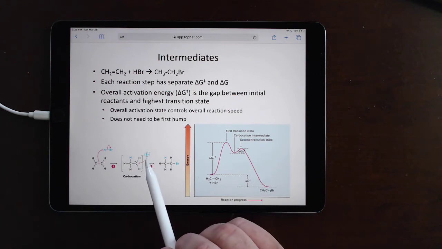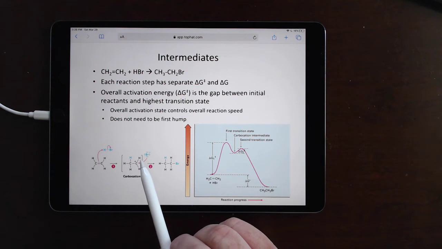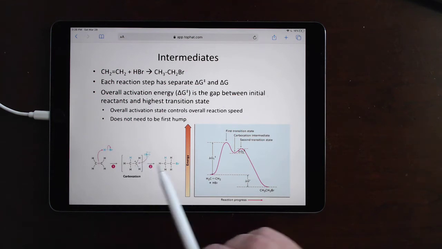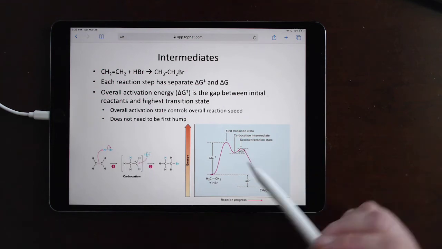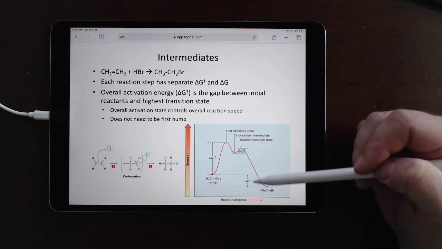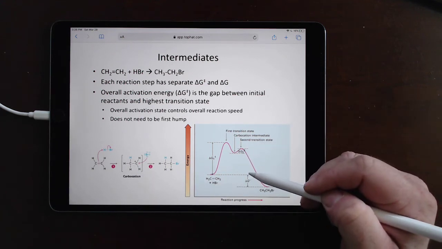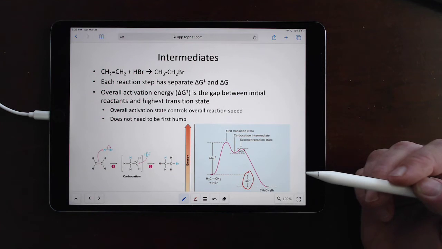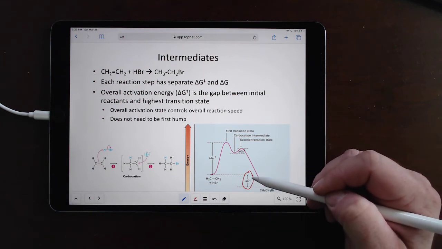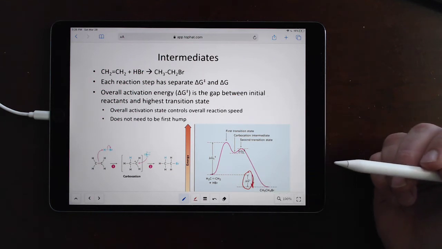As you're bringing this in, it's going to take some energy to deal with the sterics of getting this into proper place, right? So it's a little bit of an activation energy, but when you make the bond, you release a bunch of energy, and so the overall delta G for this is actually quite favorable, right? Because it's going down, so it's a spontaneous reaction.